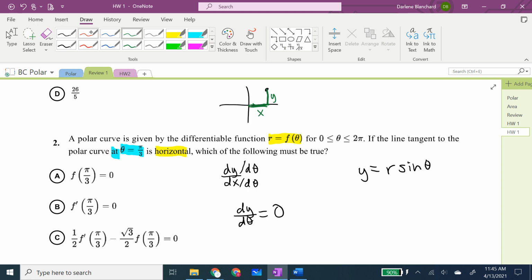The polar point has a radius and an angle. Through that triangle, you can figure out your SOHCAHTOA, and then from there you can realize that sine of theta is opposite over hypotenuse. All right.